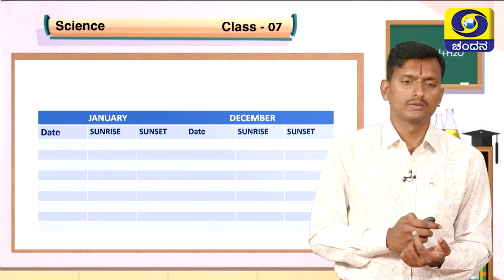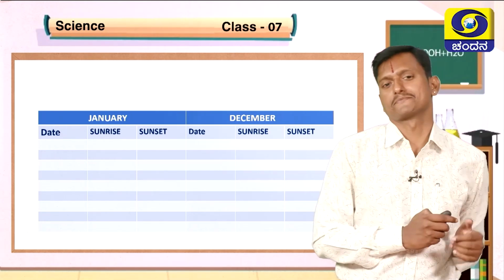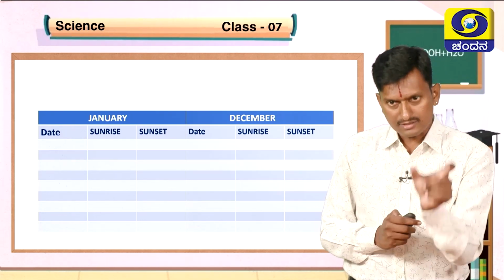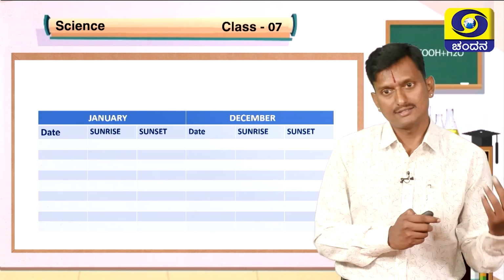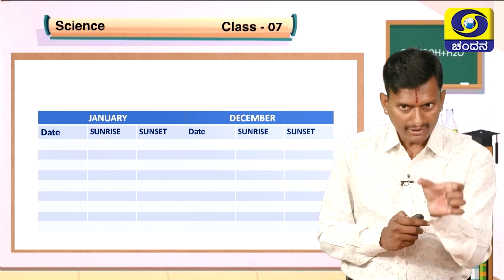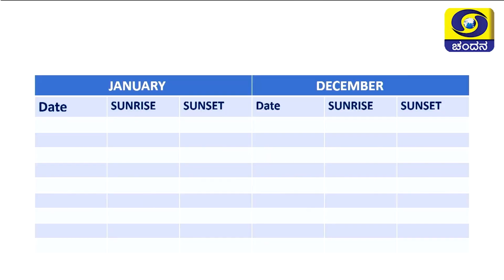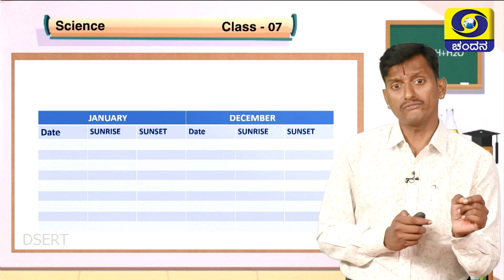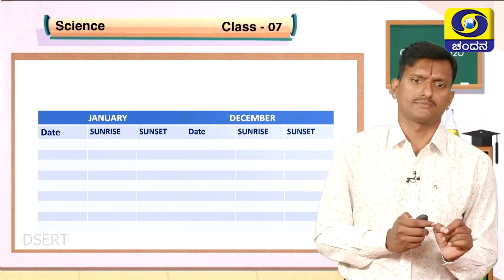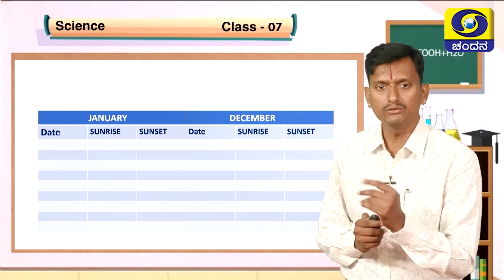Now, wait till December. Do as you did for January. Take a one week timetable, and in December, write the time of sunrise in the morning and also sunset in the evening in the given column.